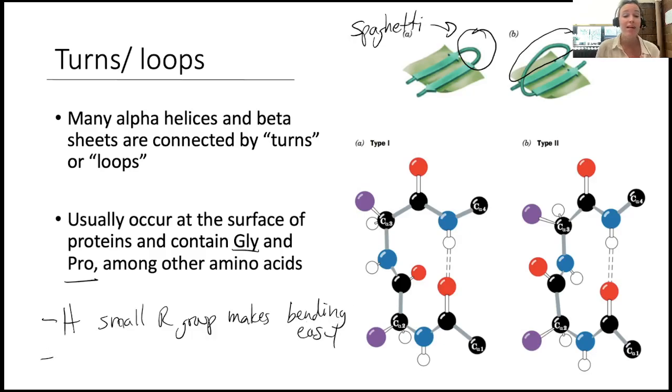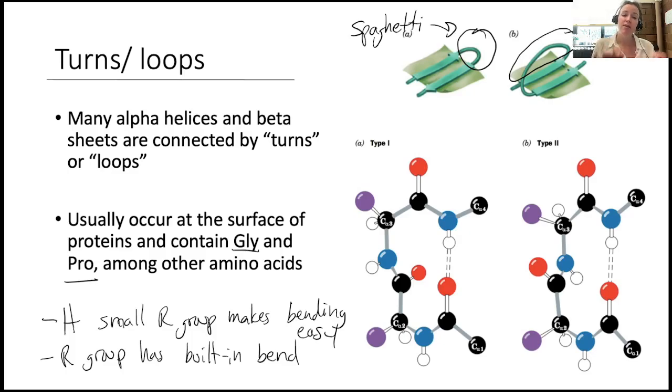They also oftentimes contain proline. And so proline, folks, is great for a turn or a loop because the backbone is bent within the structure of proline. Okay? That's probably a little bit confusing.